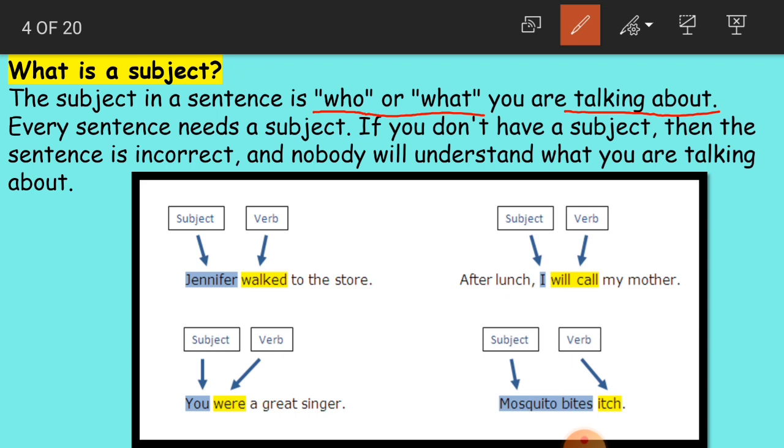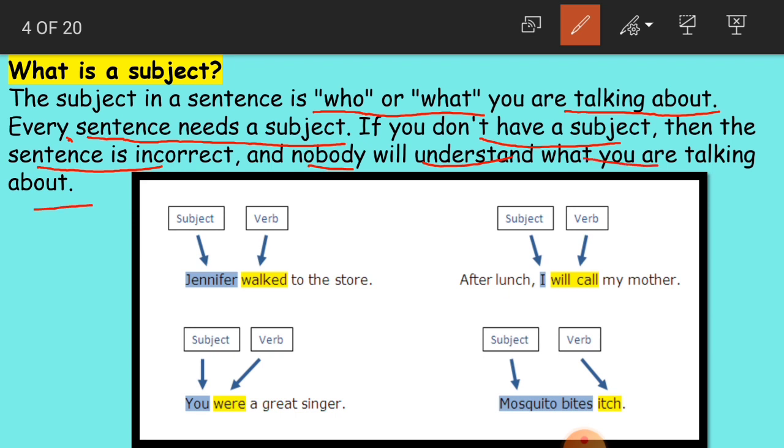And every sentence needs a subject. Without a subject, a sentence becomes incomplete. If you don't have a subject, then the sentence is incorrect and nobody will understand what you are talking about.